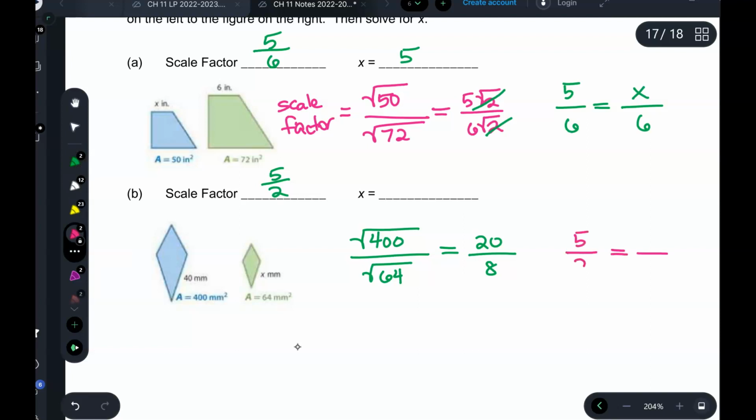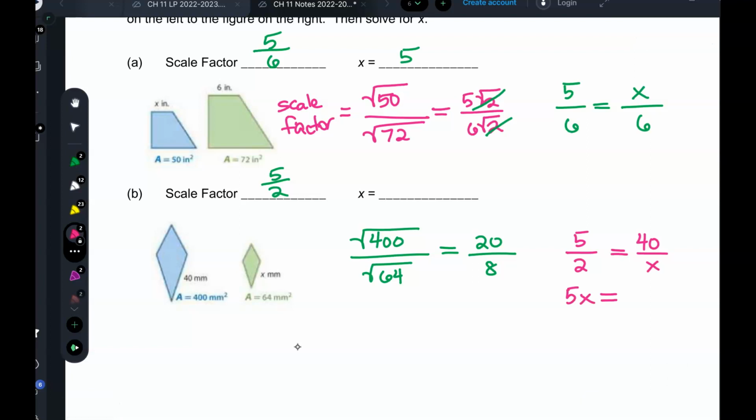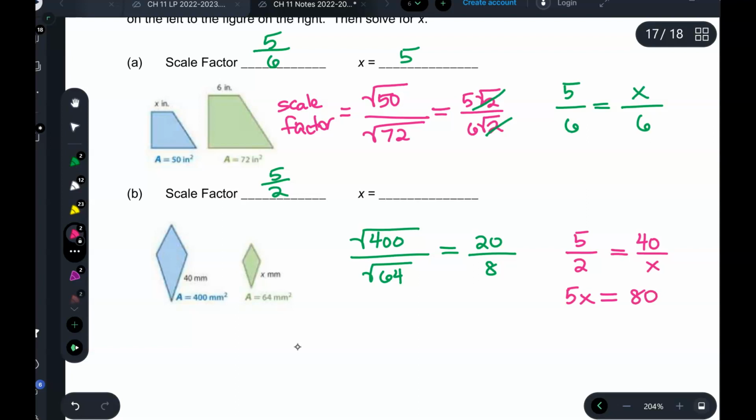Okay, so 5 over 2 has to equal what over what? 40 over x. 16. Isn't x over 6 the scale factor? Or 40 over 16. x?